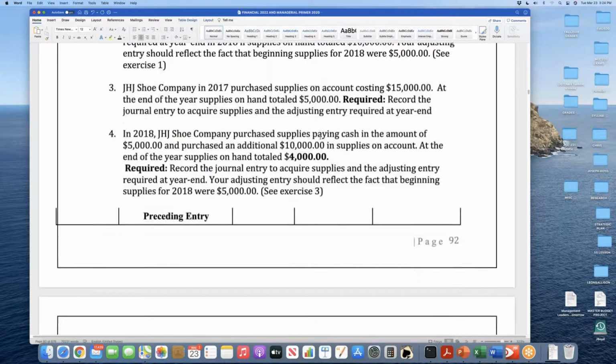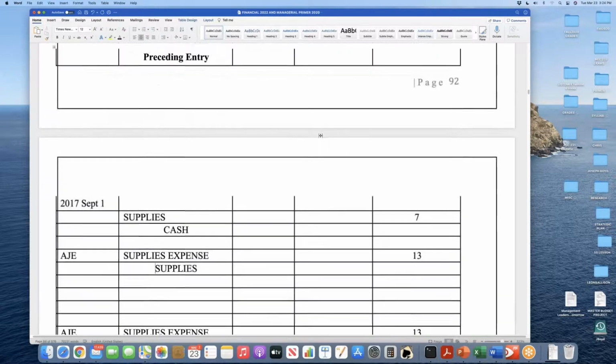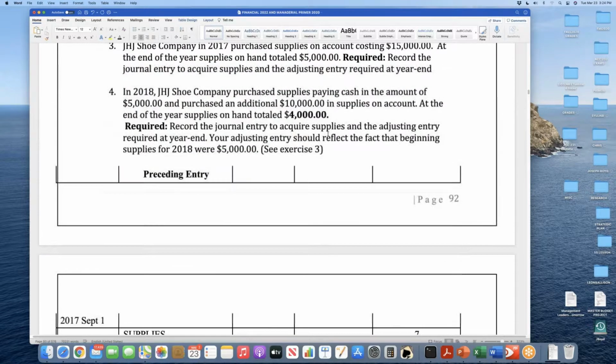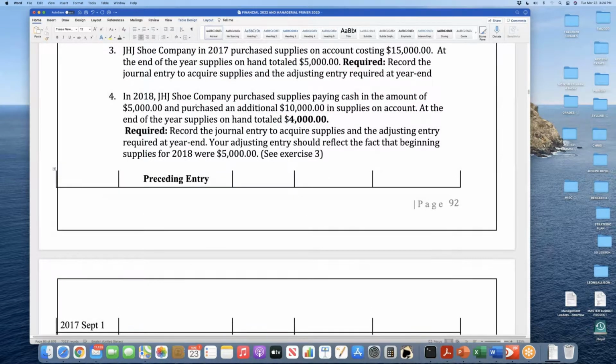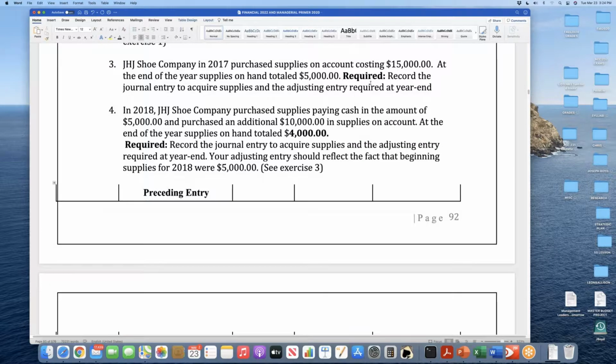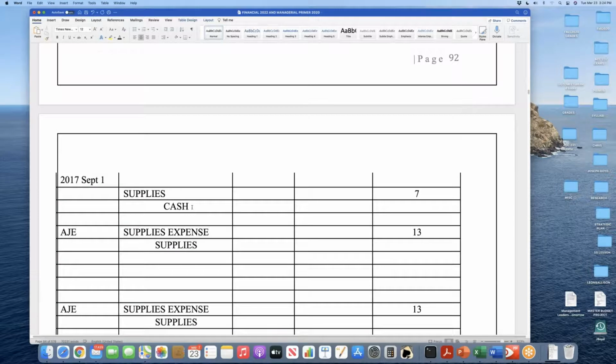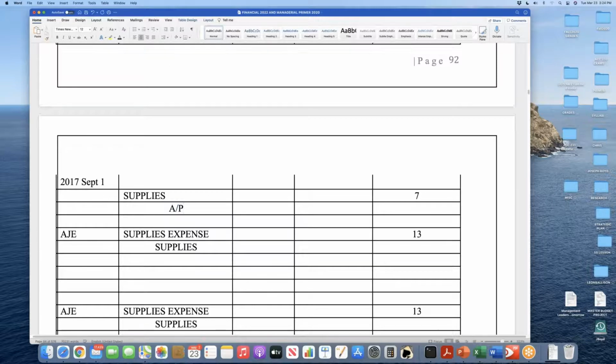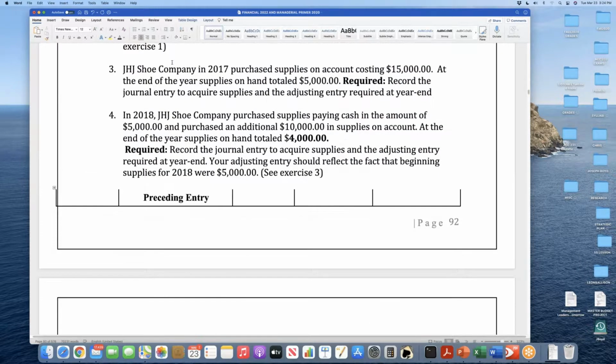So we should be able to handle that, correct? It says we purchased $15,000 on account. So rather than cash, we just make this accounts payable. And our amount is $15,000.